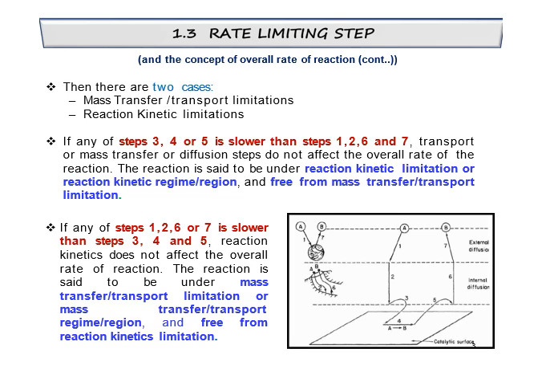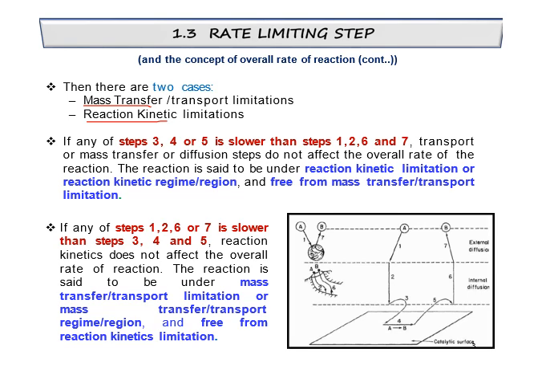So right now we are going to see which cases would actually be the limiter. Is it the mass transfer that will be the limiter, or is it the reaction kinetics that will be the limiter for the overall reaction?